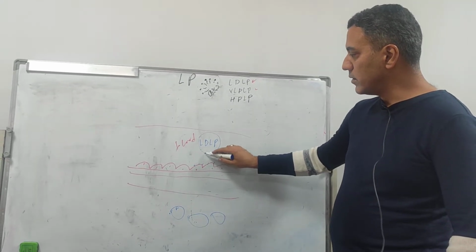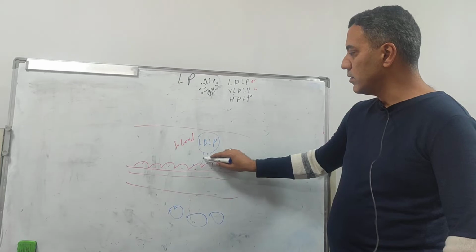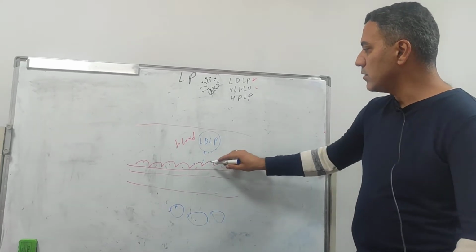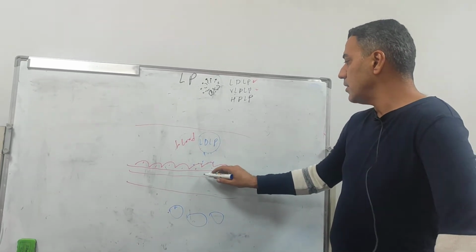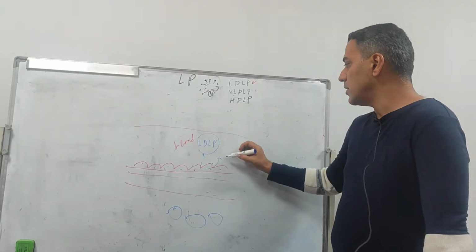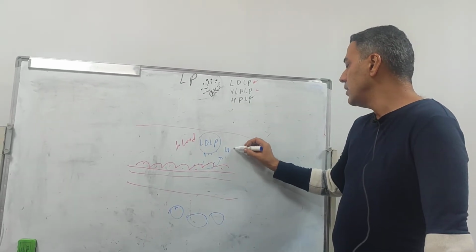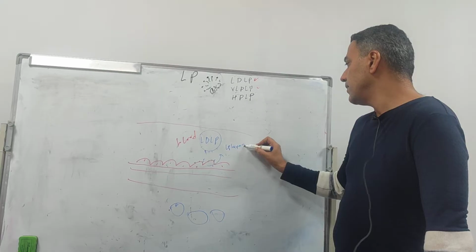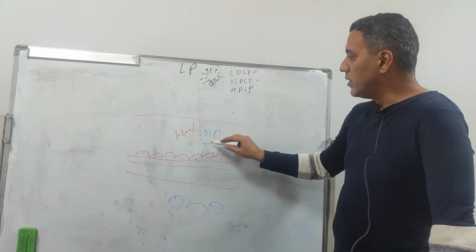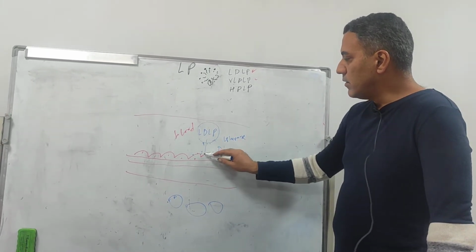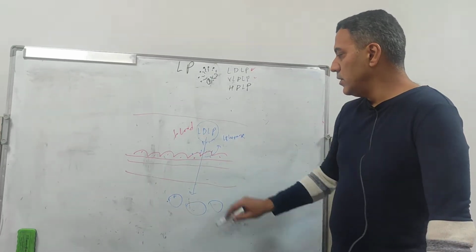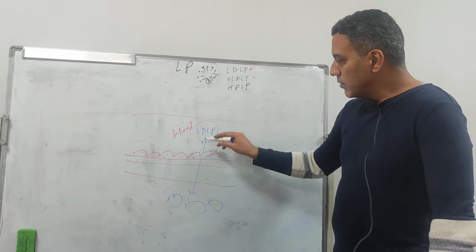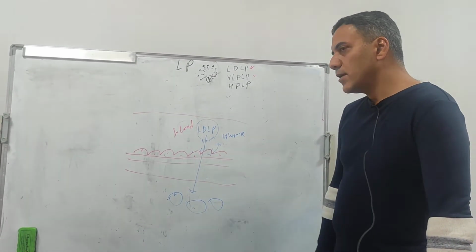First of all, they make contact with the receptors. When they contact the receptors, one enzyme becomes active. We call it lipoprotein lipase enzyme. What does it do? It tries to destroy this, and then fat will go crossing this wall to the side of the tissue.